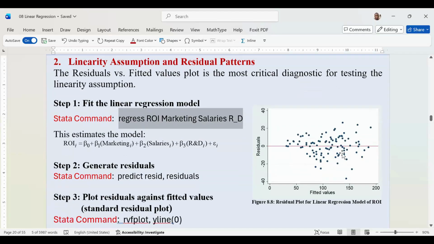Can you see the residual plot here? When the points of the residual plot appear to be scattered around this red line at 0, then there's overall linearity in your data. So let's run the residual. After the regression model, run this to determine the residuals.